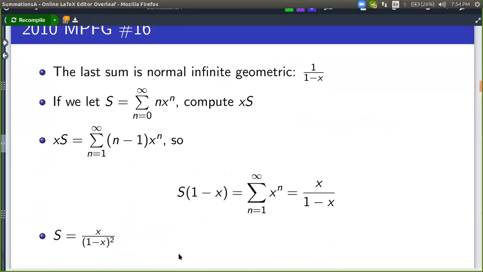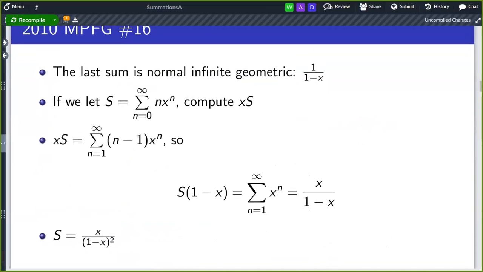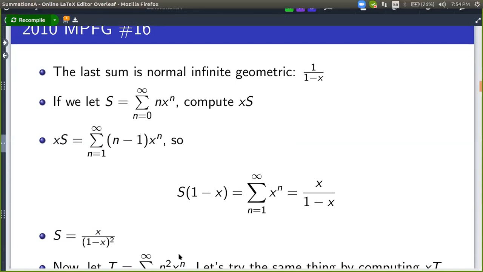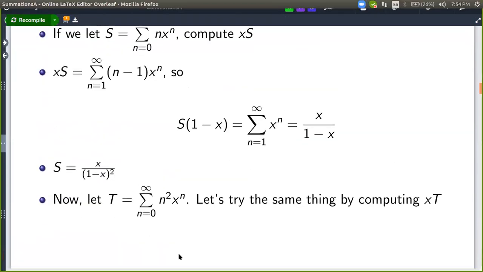So now we have a value for s. So now all that's left to do is compute the first expression. So we're going to try to do exactly the same thing we were just doing. So if we let t be equal to the first sum, the sum from n equals 0 to infinity of n squared times x to the n, let's do the exact same thing by computing x times t.